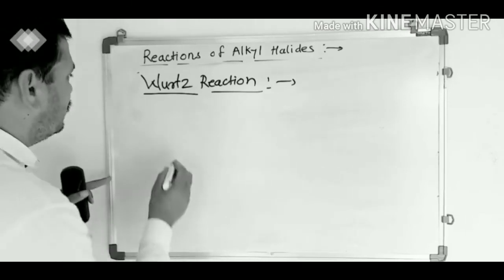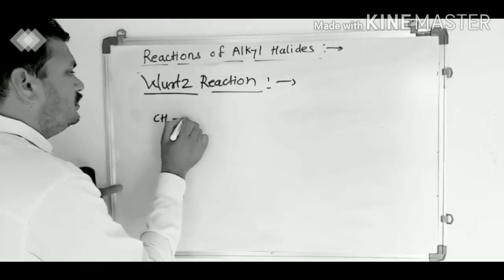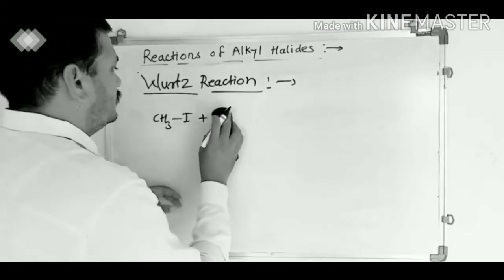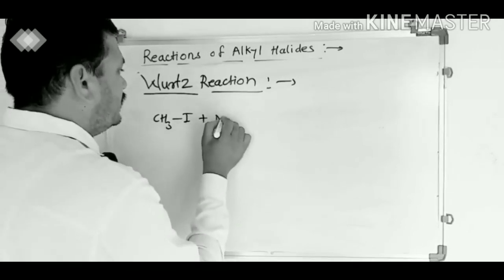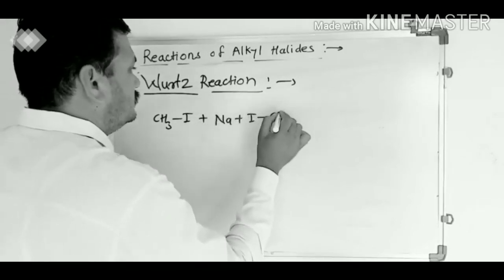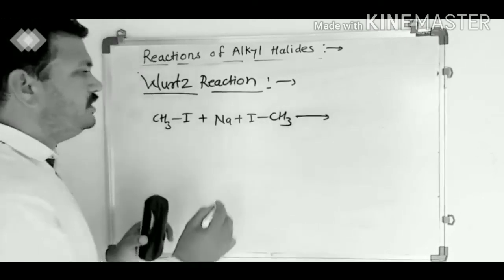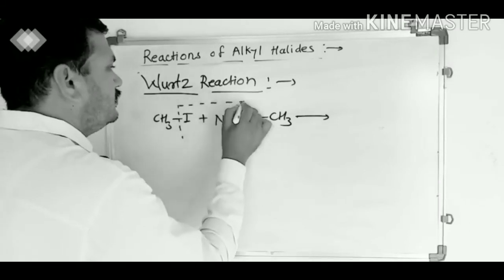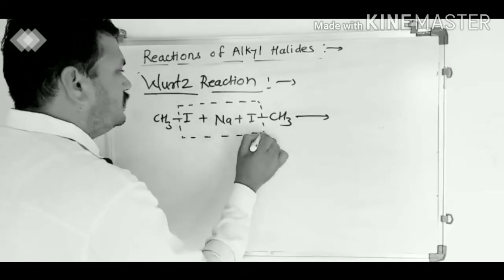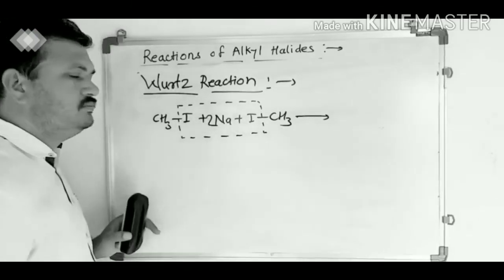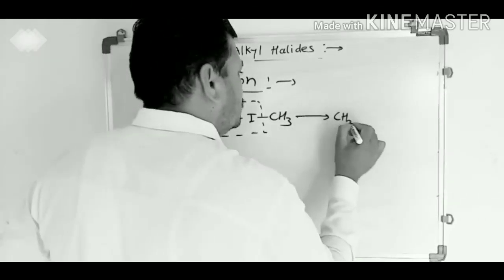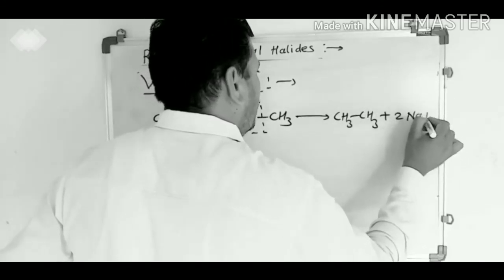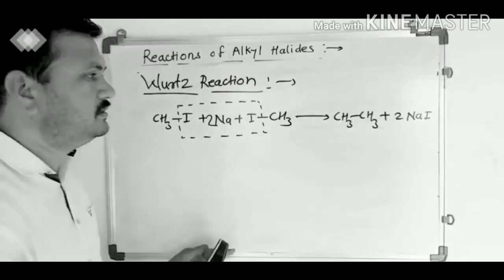Now let's see the example. 2 moles of methyl iodide treated with sodium metal, then a reaction takes place like this. For that we require 2 moles of sodium and we get the product CH3-CH3 plus 2 NaI, sodium iodide. It is ethane.